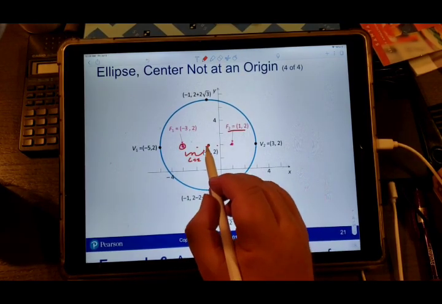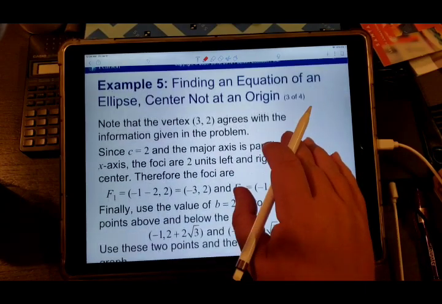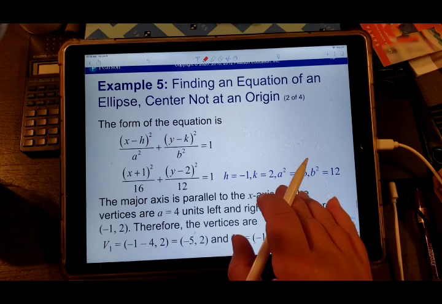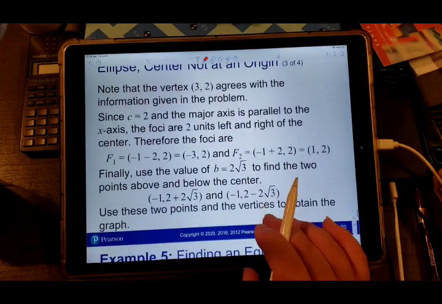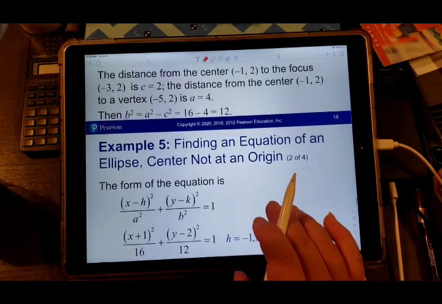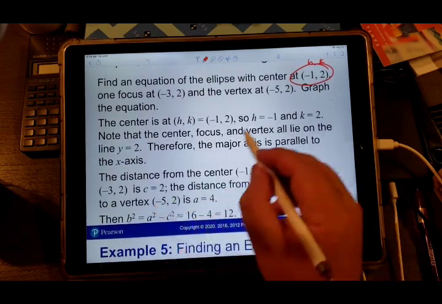Now what else did they tell us? That there is a vertex at -5, 2. I believe that's the one they gave us. Where was the question? I did a lot of work on this problem. Yeah, no, it was -5, 2.